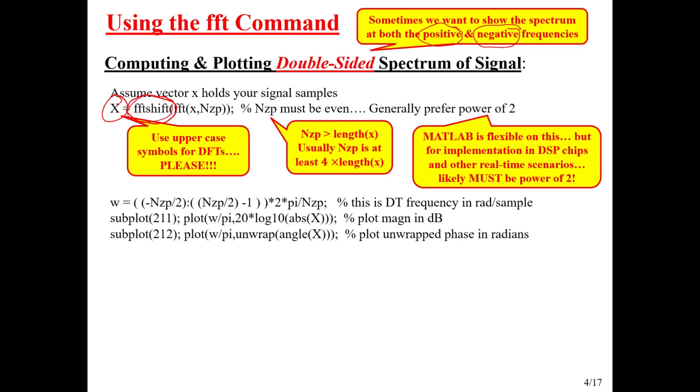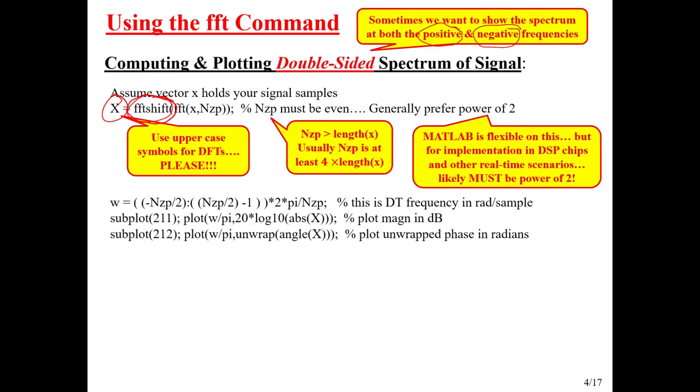So the FFT shift just flips those around and puts them in the right order, with the most negative frequency first, then up through frequency 0, and then up through the positive frequencies. So the FFT shift command does that for you.